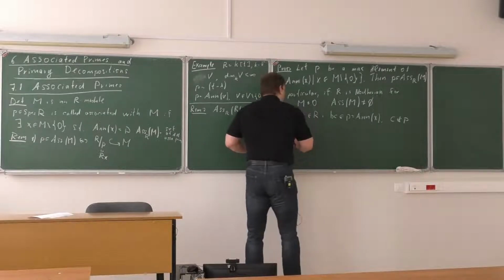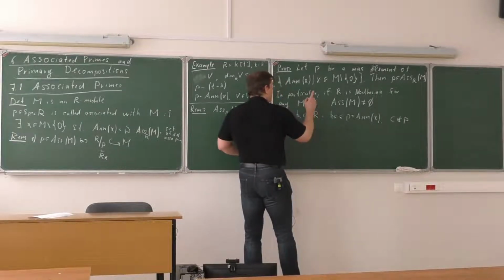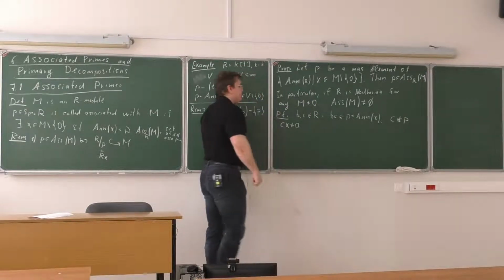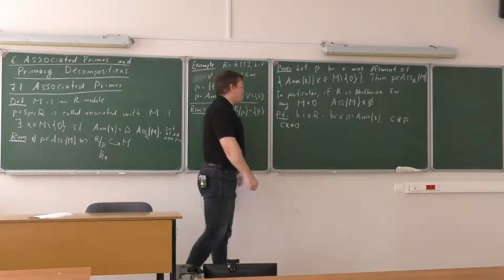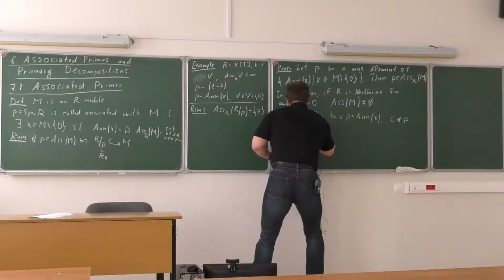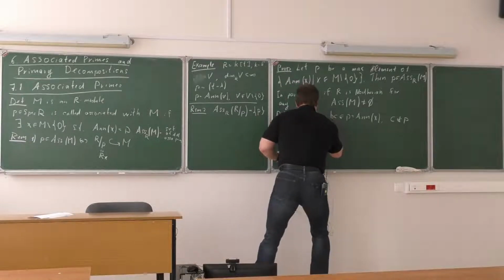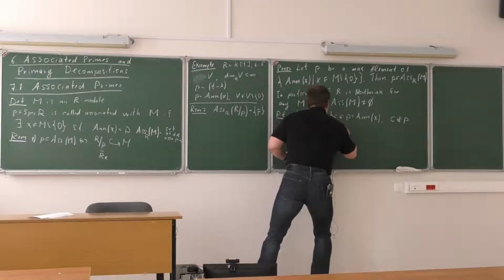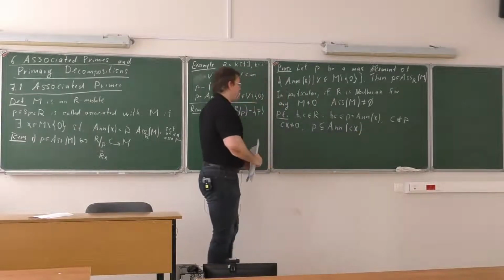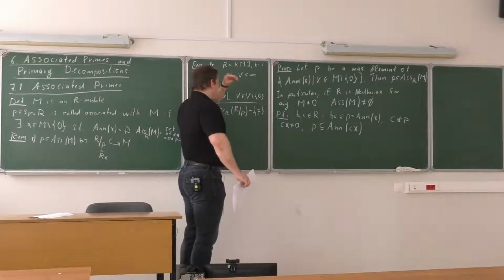Okay, so C is not in the ideal P. This means that Cx is not 0, right? So C doesn't annihilate element X. Cx is not 0, but P belongs to the annihilator of the element Cx, right?